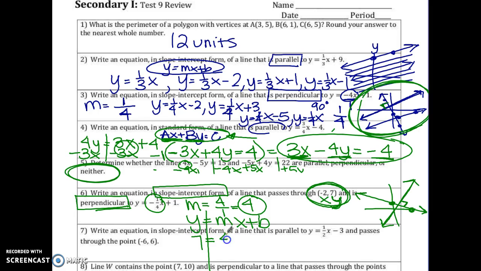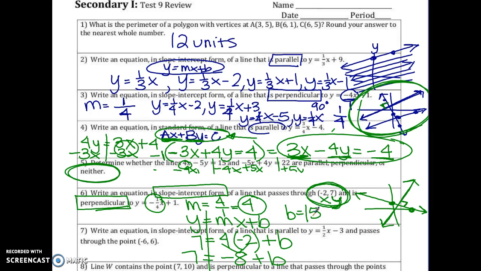The slope has to be a 4. And the negative 2 is my x value. So I'm going to find where it crosses through the y-axis. That's the b value. So 4 times negative 2 is negative 8, is 7. I get the b alone, so I'll add the 8 over. And the b is 15.